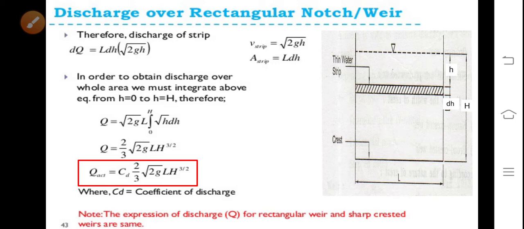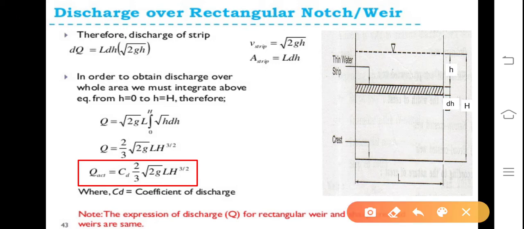Let capital H be the total height from the bottom of the notch or weir to the water surface.